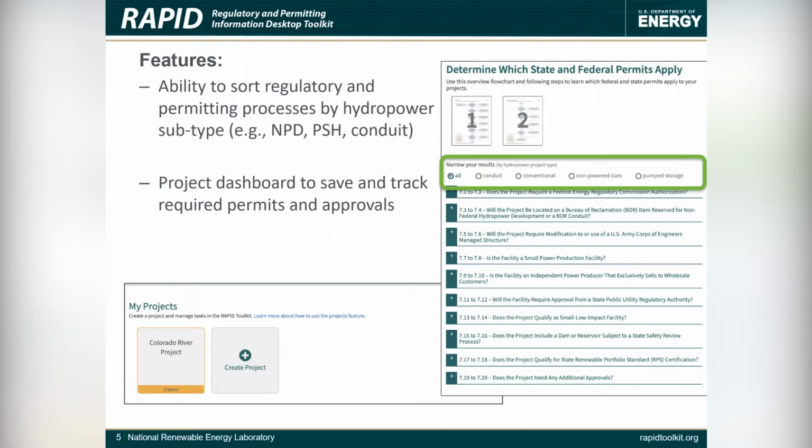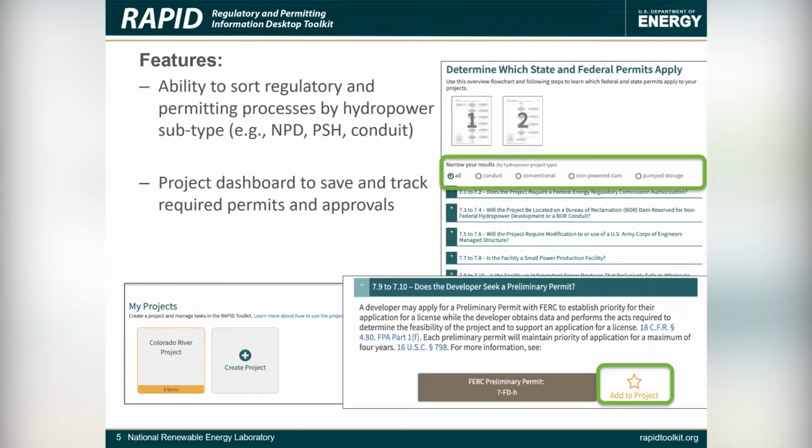So it does provide a light project management tool built into the Rapid Toolkit, and really it's a way hopefully to kind of bookmark and save various processes that you identify that are applicable so you don't have to go back and find them in the future.